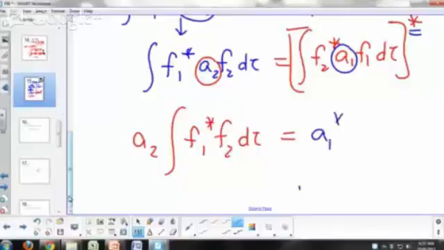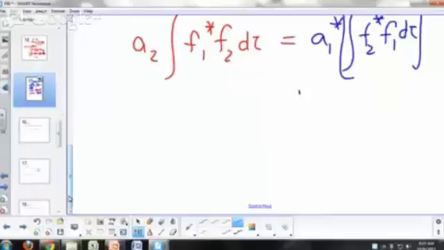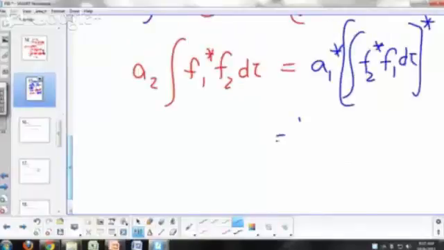So a1 star integral of f2 star f1 d tau, but this whole thing must be complex conjugated, right? Okay, let's further simplify the right-hand side. Well, we've already proved earlier that eigenvalues of a Hermitian operator are real, right? So I can just rewrite a1 star as a1.